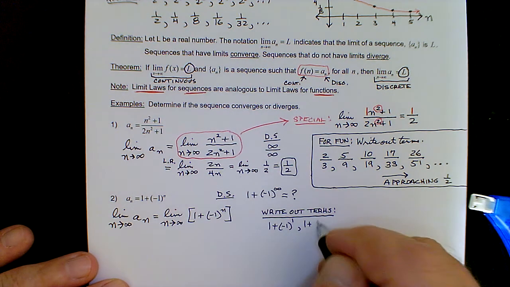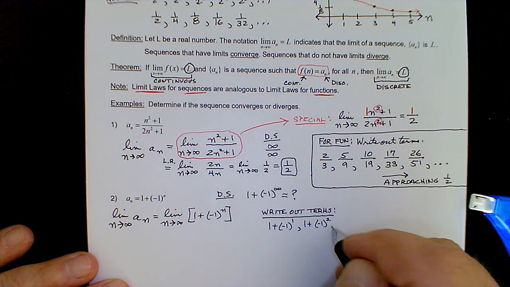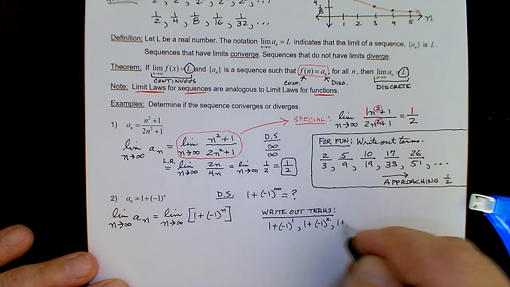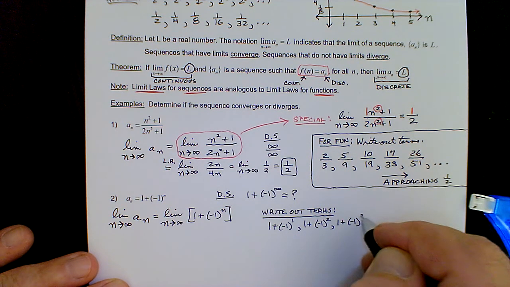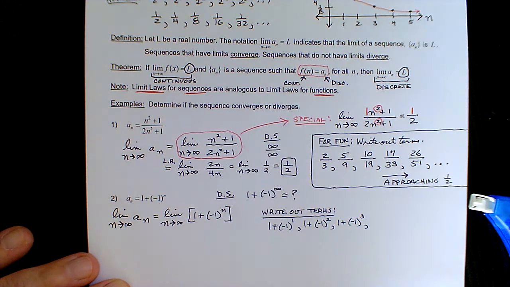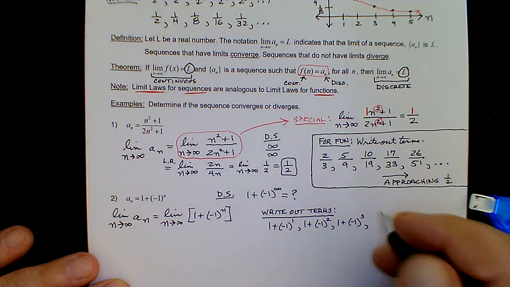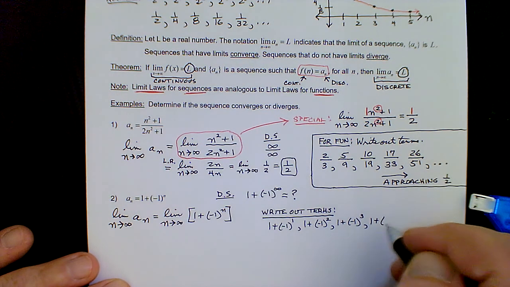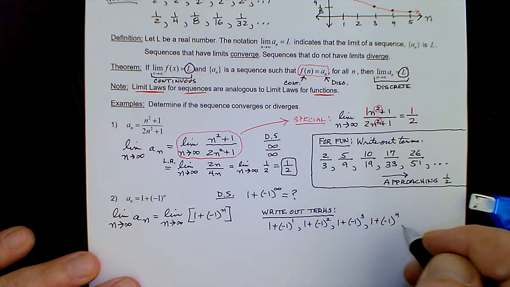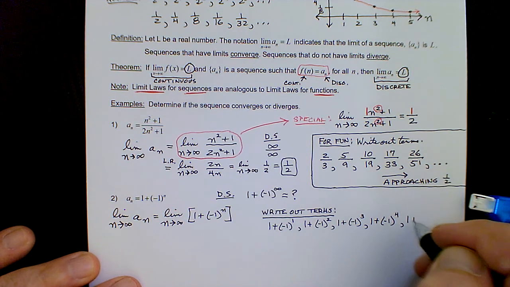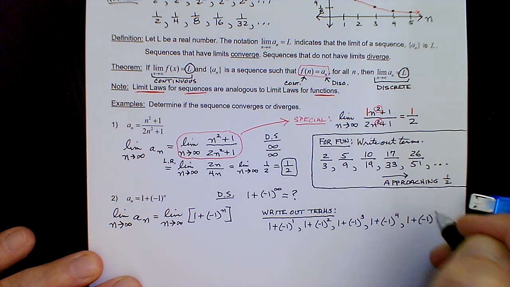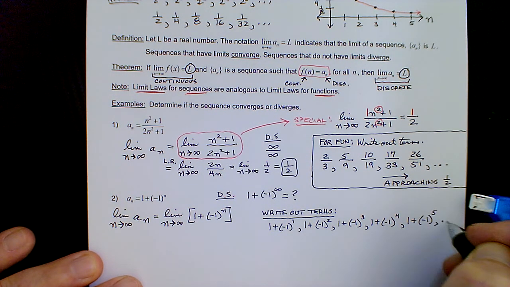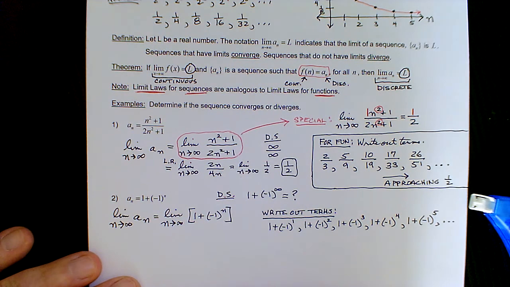When n is 2, 1 plus negative 1 squared. When n is 3, 1 plus negative 1 cubed. When n is 4, 1 plus negative 1 to the 4th. Usually the first 4 or 5 terms are going to be more than enough to notice a pattern.